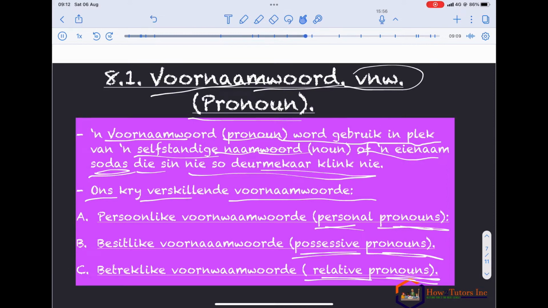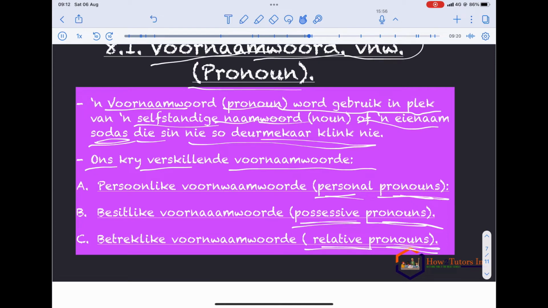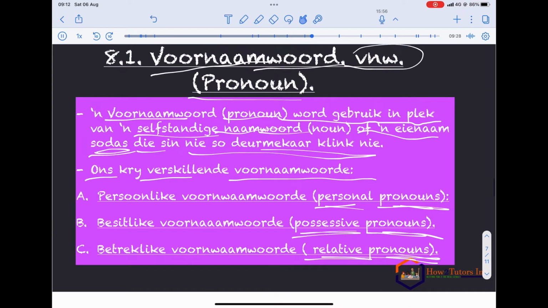Ons kry verskillende voornaamwoorde. We get different types of pronouns. Persoonlike voornaamwoorde are personal pronouns. Besitlike voornaamwoorde are possessive pronouns. En die laaste een, betreklike voornaamwoorde, are relative pronouns.